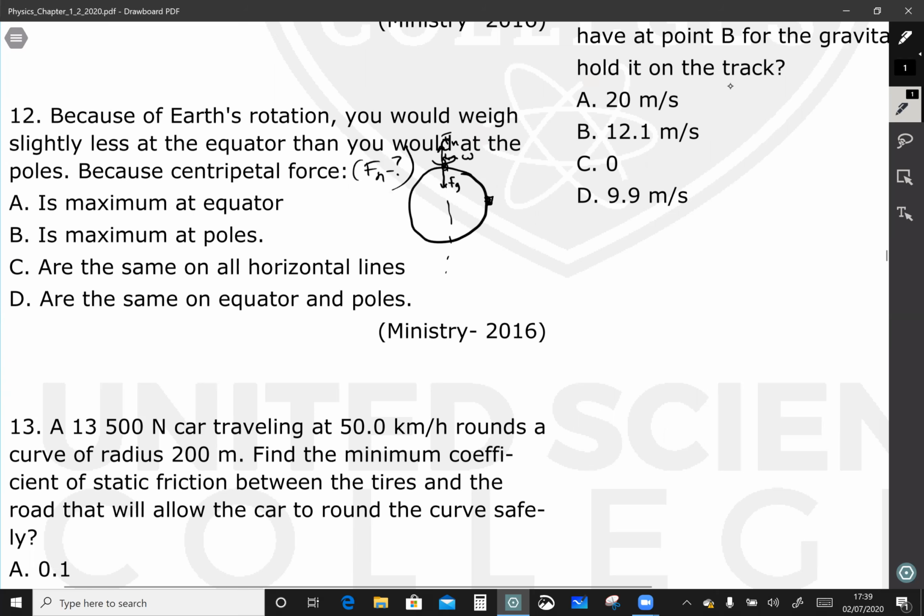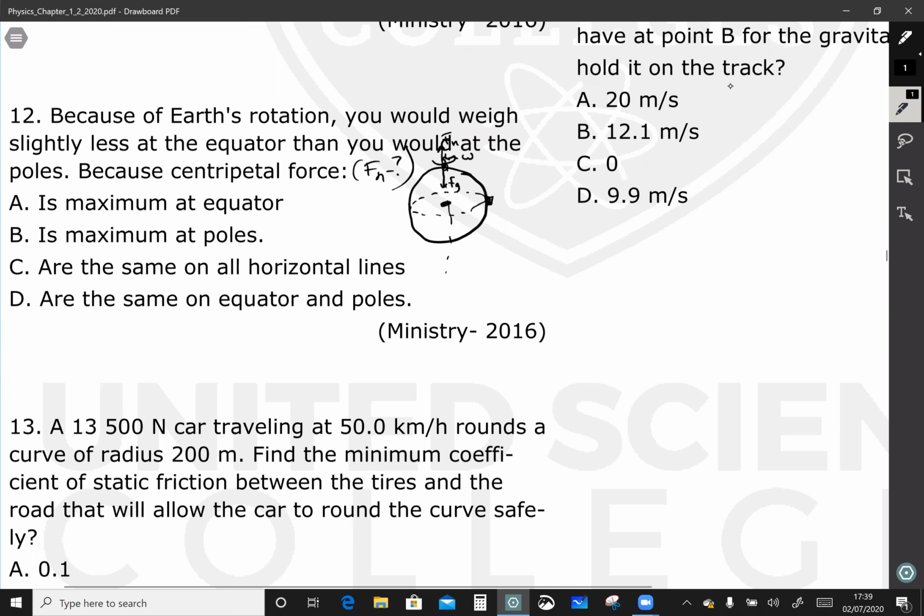The action-reaction force between your feet and the scale is measured. At the poles, Fn is equal to the gravitational force Fg, so you measure exactly the same weight. But at the equator it's not like this, because at the equator your body is in circular motion.